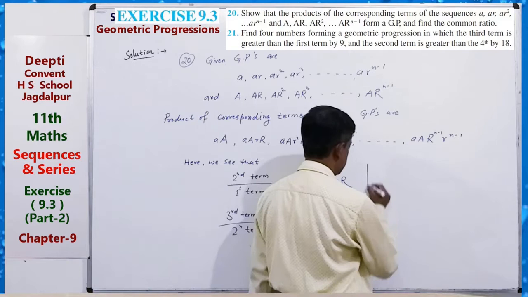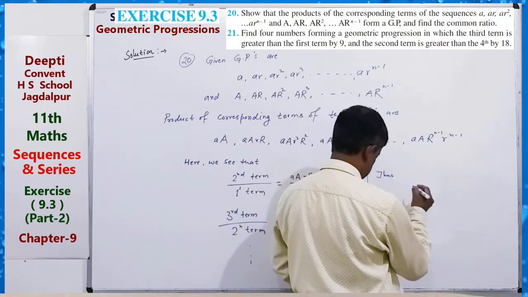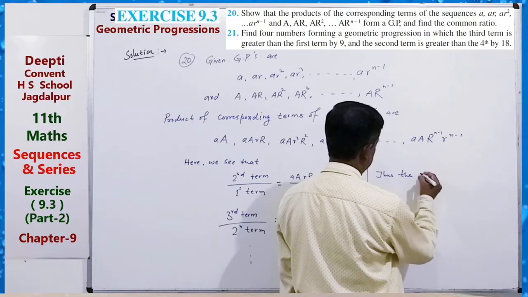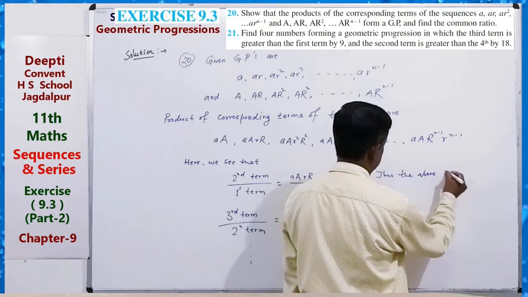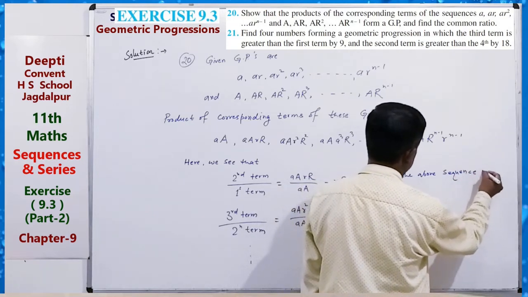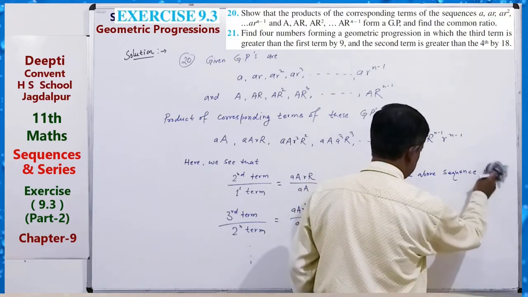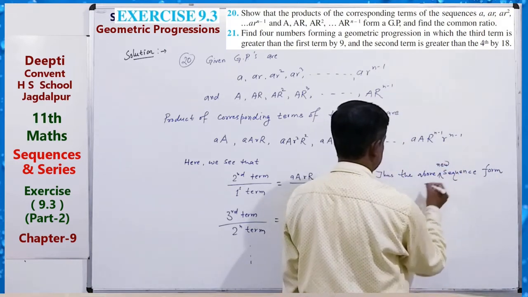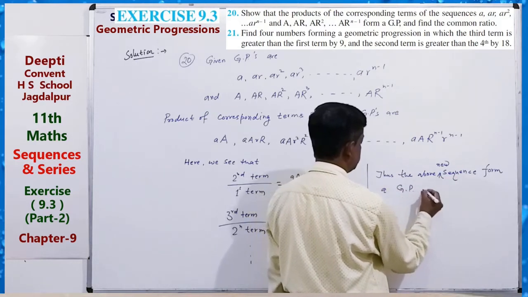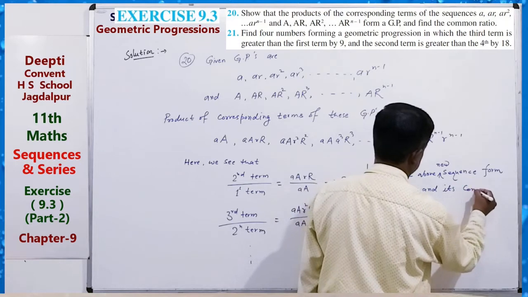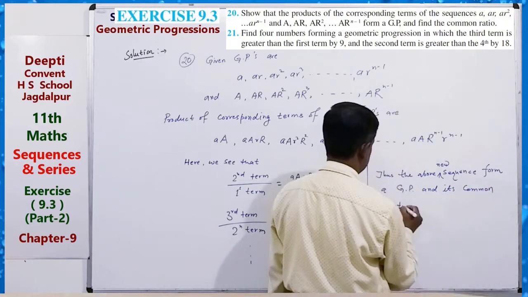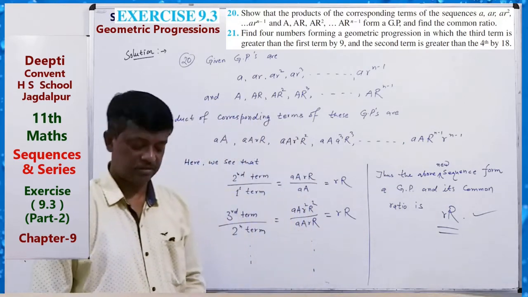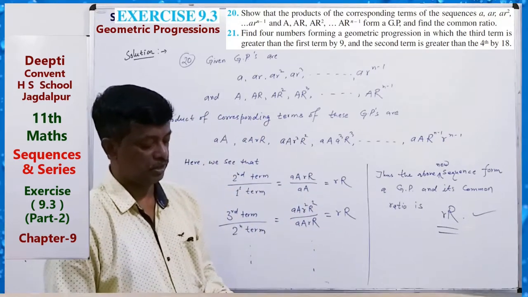Thus the above new sequence forms a GP and its common ratio is as found. Clear? Simple proof.